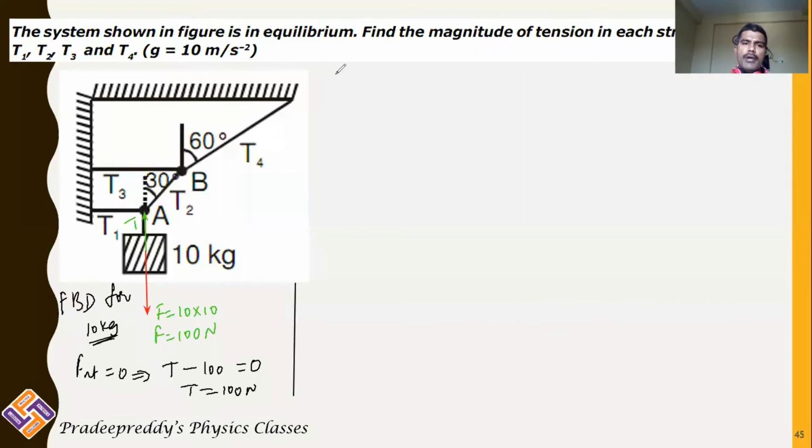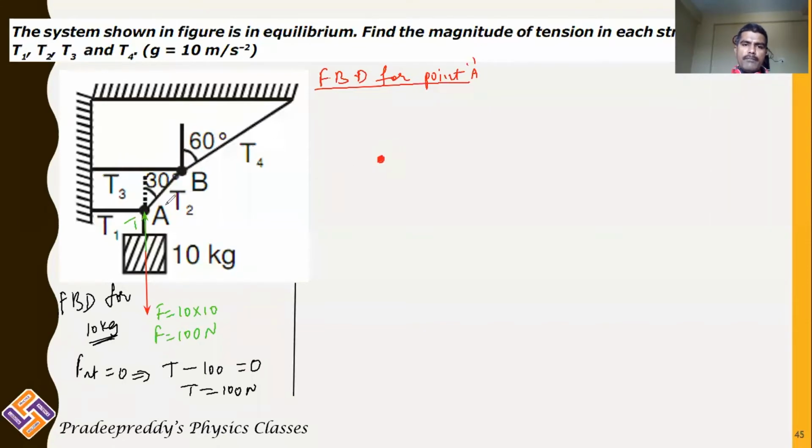Now let us take point A and draw the free body diagram for point A. At point A, we have different forces acting.